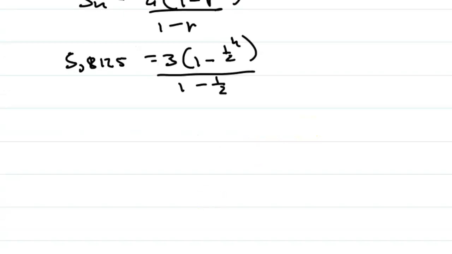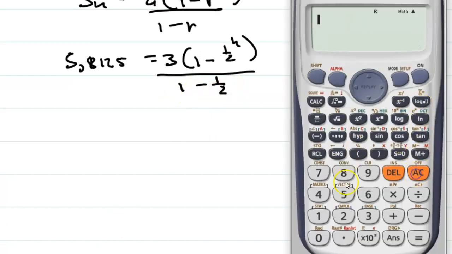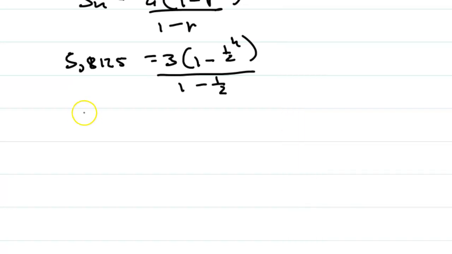Solving for n, let's use our calculator. 1 minus half is half. So cross multiplying, 5.8125 times half, and let's divide by the 3. That gives 31 over 32 equals 1 minus half to the n.